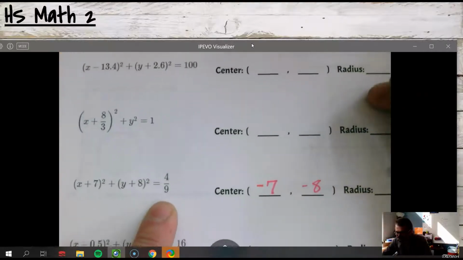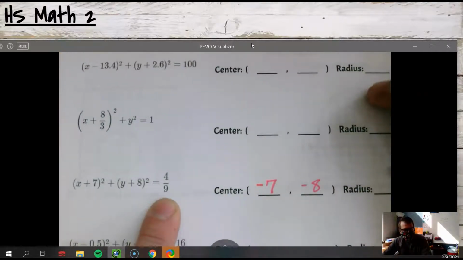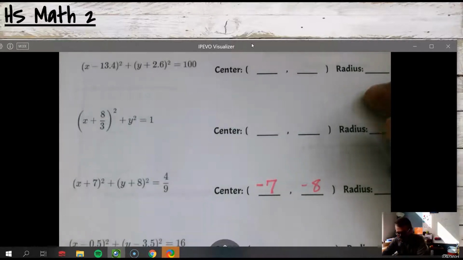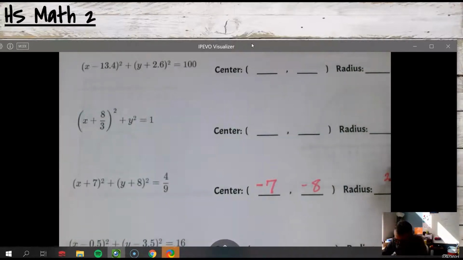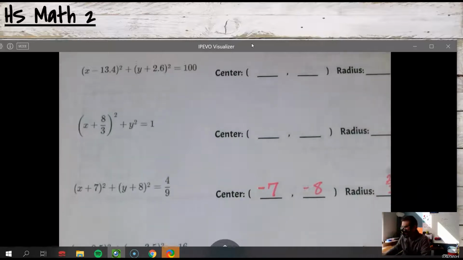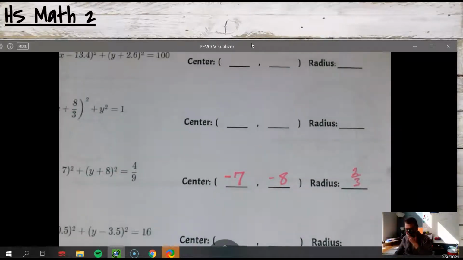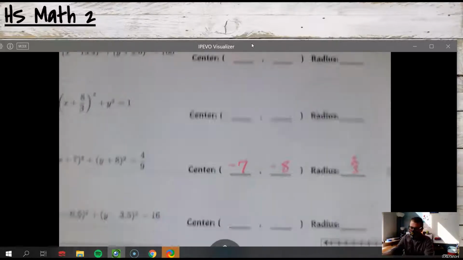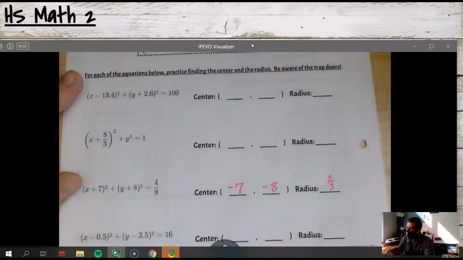And the radius is the square root of the constant over here. So in this case, our radius would be, what's the square root of 4/9? Yep, 2/3. So be careful to avoid the trapdoors. Find the center and the radius for all other 3 of those.